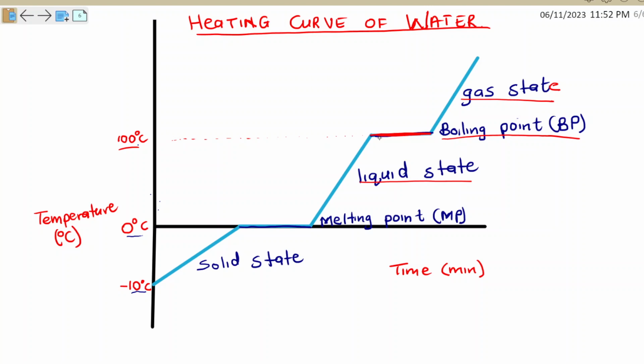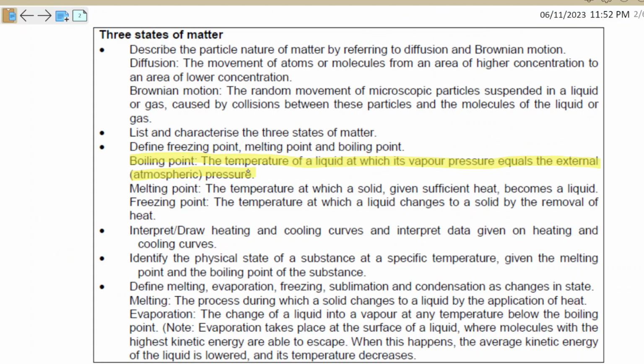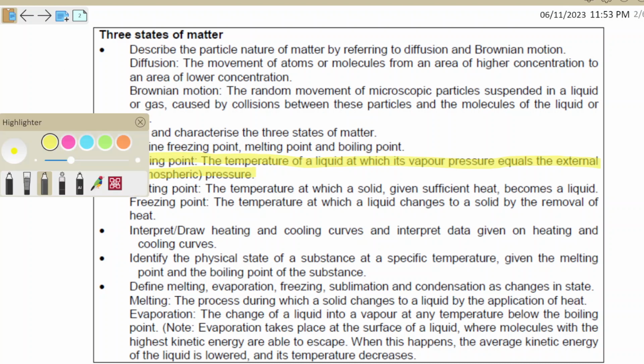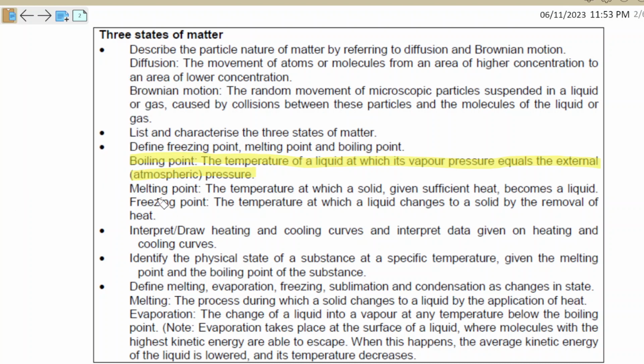So we are going to check the exam guidelines for grade 10s. The exam guideline says that when we define the boiling point, we need to say the boiling point is the temperature of a liquid at which its vapor pressure equals the external atmospheric pressure.